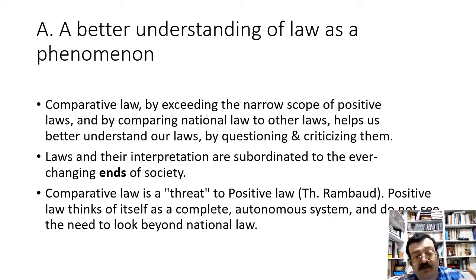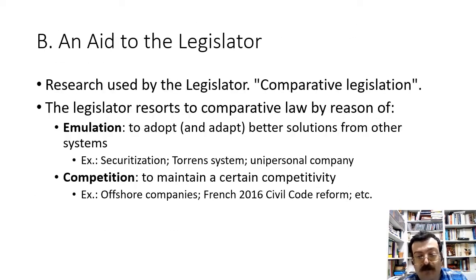Which leads us to the second function, which is comparative law as an aid to the legislator. Comparative law helps the legislator at modifying national laws. As we said, comparative law at first tells us what are the flaws of our positive law. And the legislator will then modify our laws, abrogate certain laws, substitute them by others, introduce new laws.